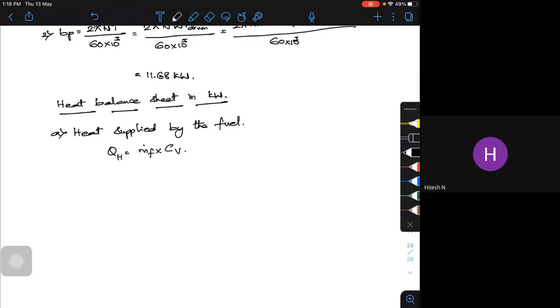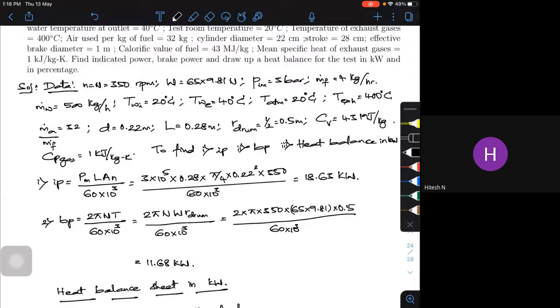If you look at the mass of fuel, they have given it as 4 kg per hour. So I need to convert it to kg per second.